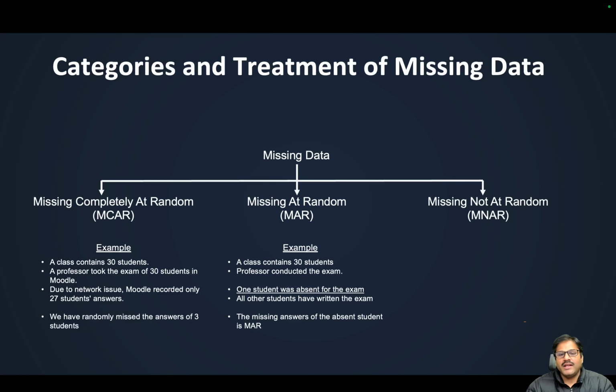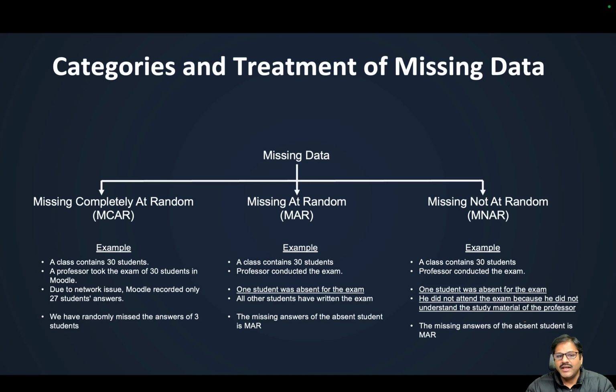The final category of missing data is called missing not at random, MNAR. So in this case, a professor is conducting an exam and the student was absent from it, and the reason for his absence is not because of his decisions, but instead it is dependent on the professor's study material.